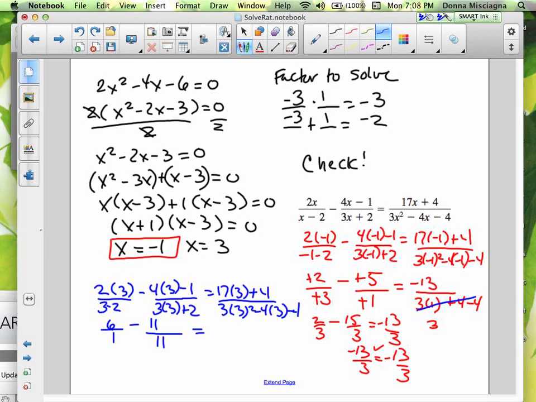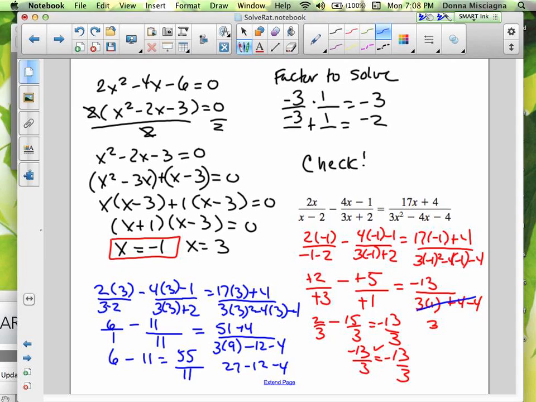All right, so 17 times 3 is going to give us 51 plus 4 over 3 times 9 minus 12 minus 4. So this is just 6 minus 11 equals 51 plus 4, which will give us 55. Right, and then we've got 27 minus 12 minus 4. So 27 minus 12 would be 15. 15 minus 4 is 11.